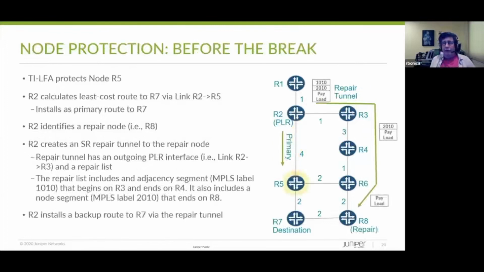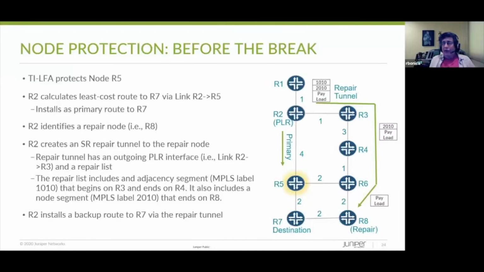Now, let's talk about node protection. We also have node protection in TI-LFA. Here, the link isn't protected. It's node R5 that's protected. So when R2 realizes that the link to R5 is broken, it assumes that the reason for this is that R5 is broken, and all of the links that R5 connects to are also broken.